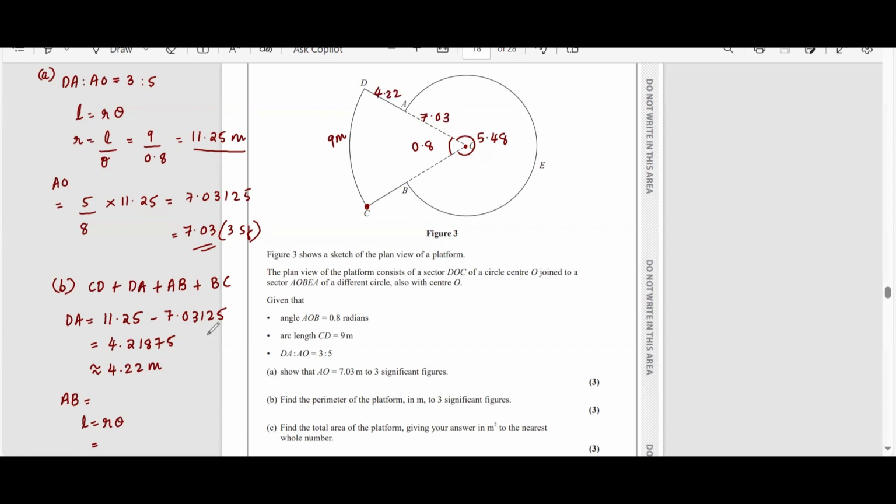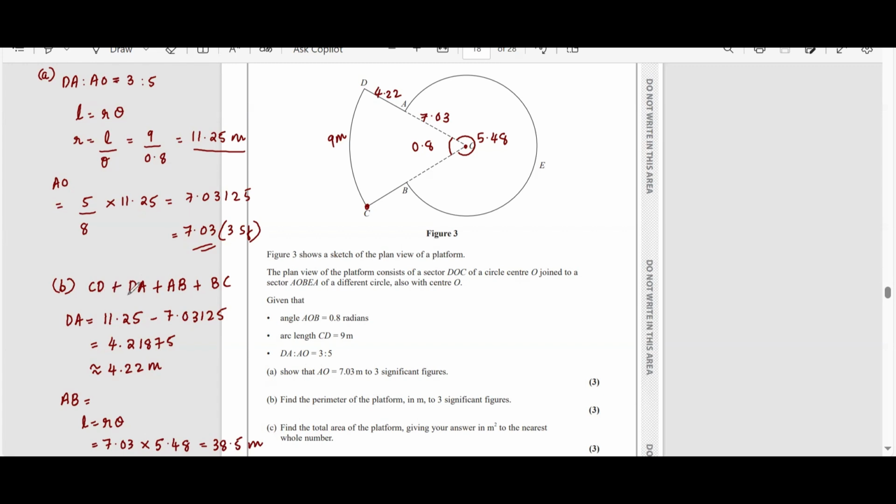Radius is 7.03 multiplied by the angle 5.48. When you multiply 5.48 with 7.03, you will get the answer as 38.5, correct to three significant figures. 38.5 meters.